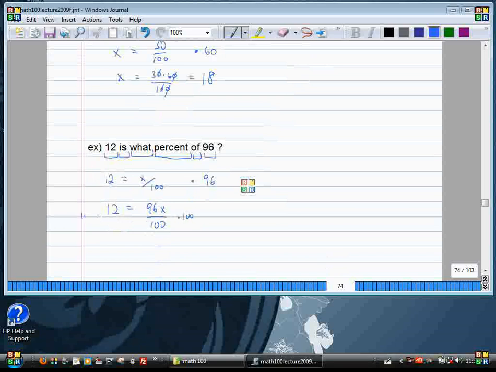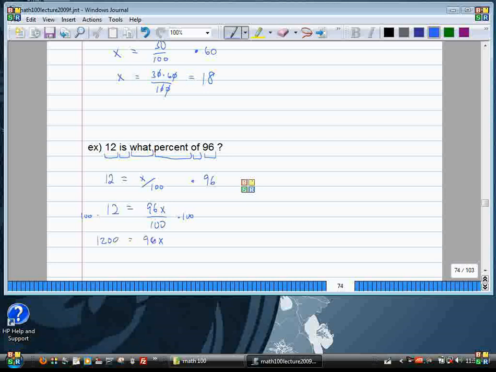Multiply by 100 on both sides. Another way of thinking about this is cross-multiplying. The end result is that you have 12 times 100 and then 96x left over. The shorthand is saying let's cross-multiply, but notice that cross-multiplying is the result of doing something to both sides of an equation. So cross multiplying is something you do when you have an equation, not when you're trying to multiply stuff or reduce a fraction or whatever. This is why I even hate cross multiplying, because people tend to use it when it shouldn't be used.